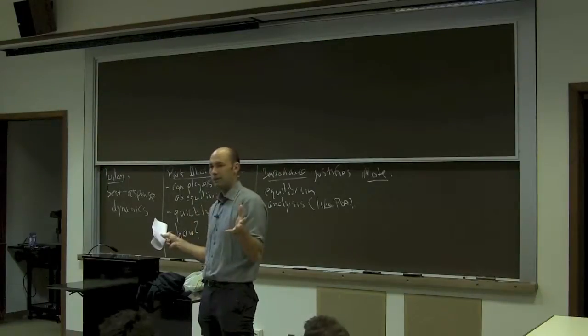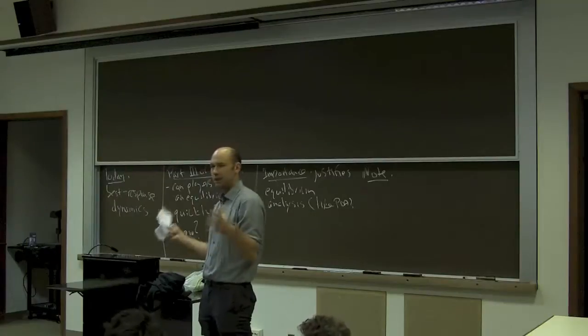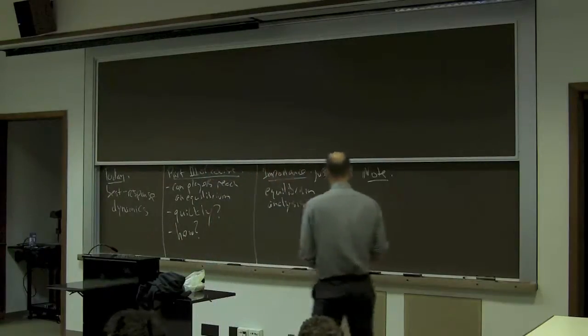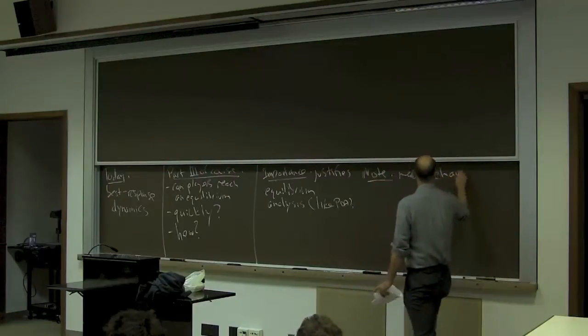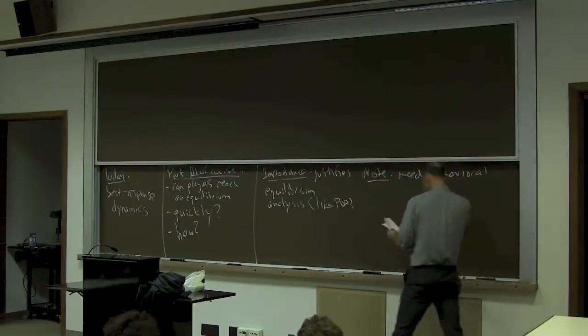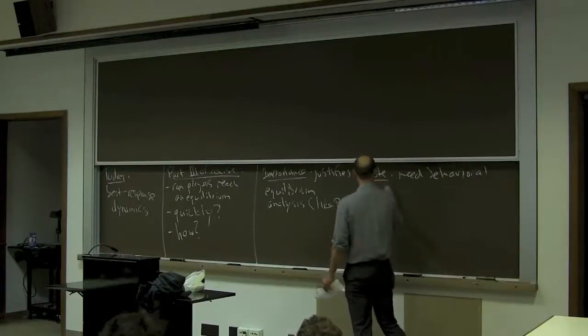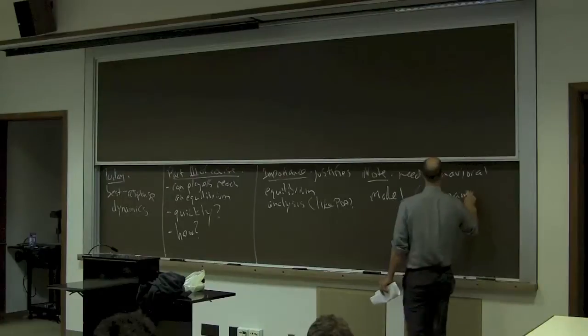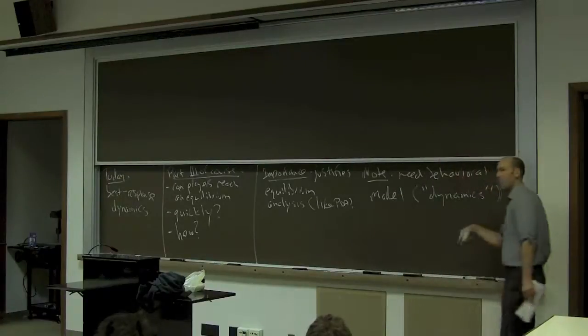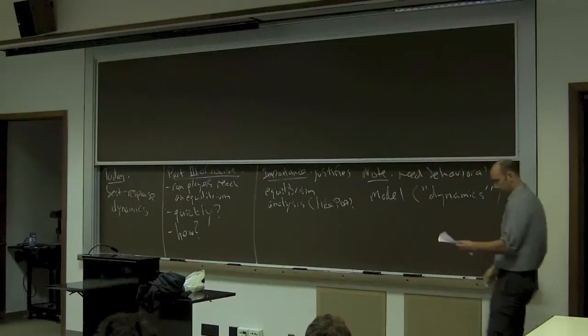Something else will happen. So the question is, what else is going to happen? We need to pin that down to start making formal statements. So when people talk about learning dynamics, this is really what they mean. They're positing some way by which player behavior evolves over time.